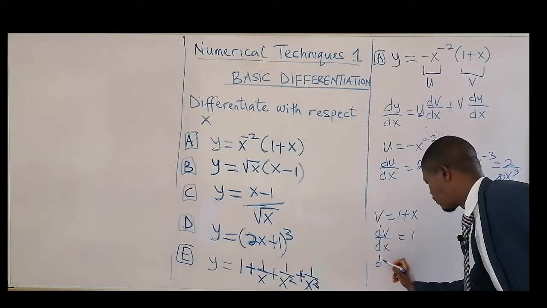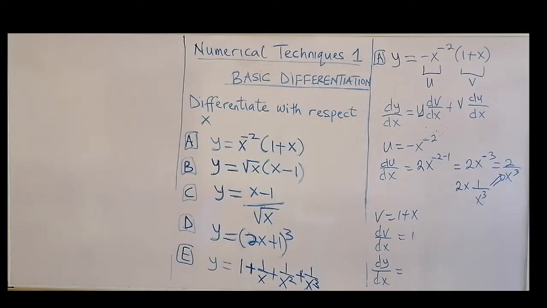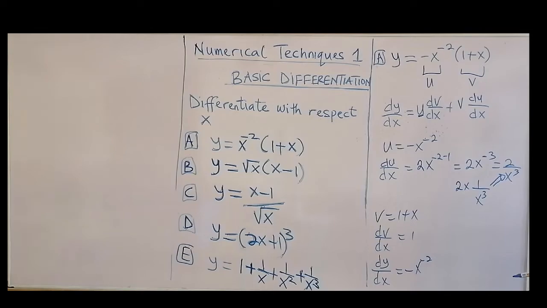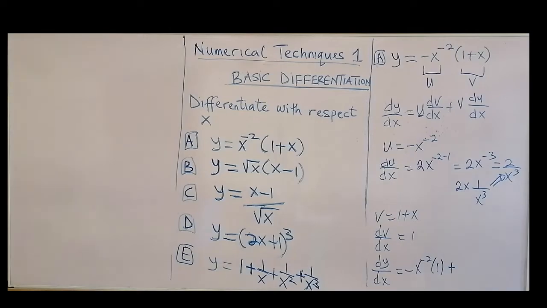So dy/dx now is equal to, my u is minus x to the power minus 2, dv/dx is 1. Then plus, v is 1 plus x, times du/dx. du/dx is, we have it here, 2 over x to the power 3. So this is the answer.